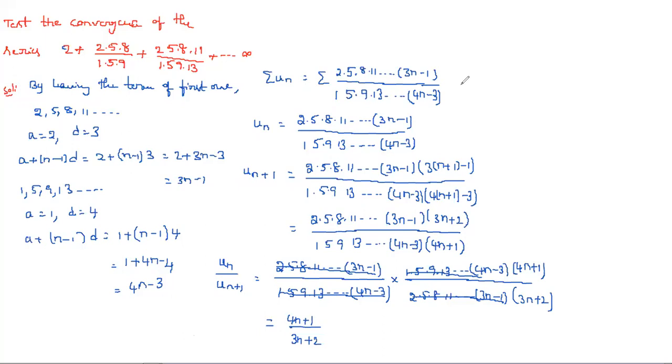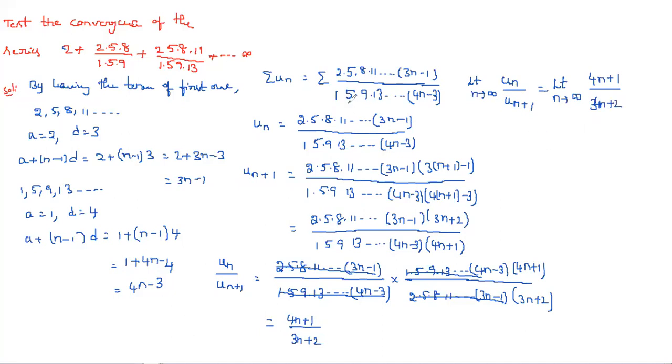So now you can find the limit as n tends to infinity of u_n by u_{n+1}. So it is equal to the limit as n tends to infinity of 4n plus 1 by 3n plus 2.